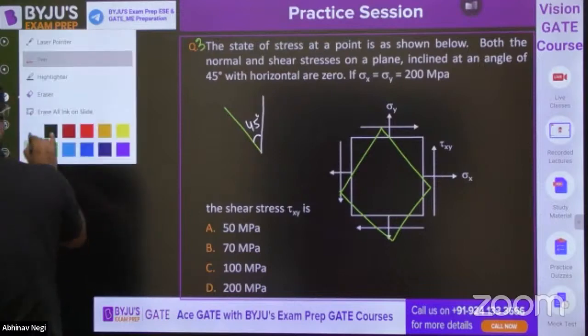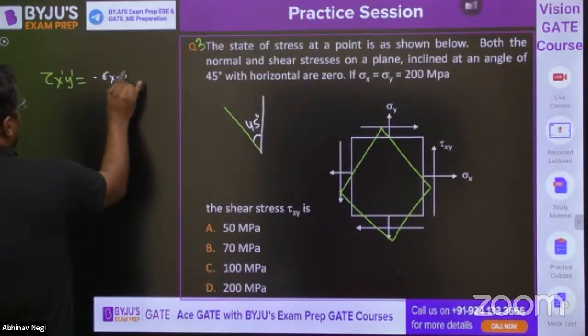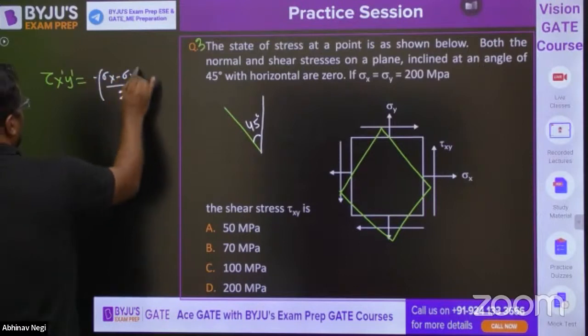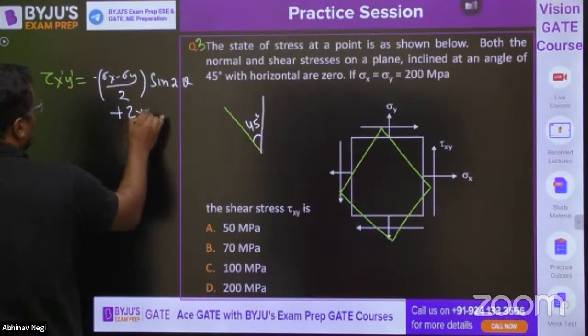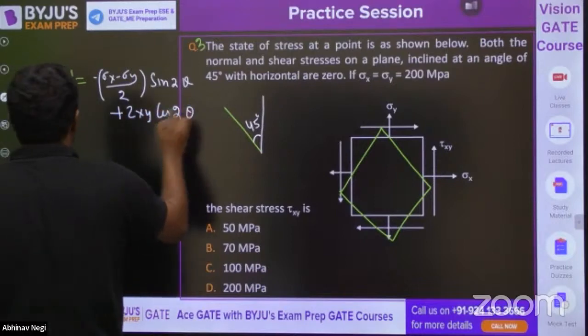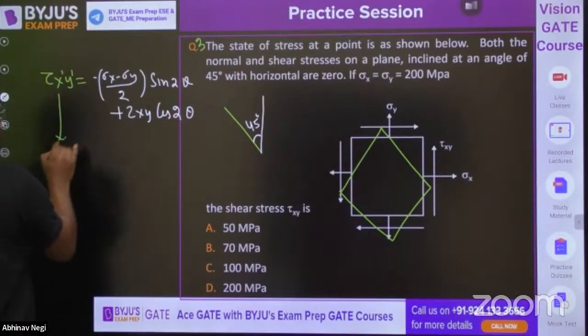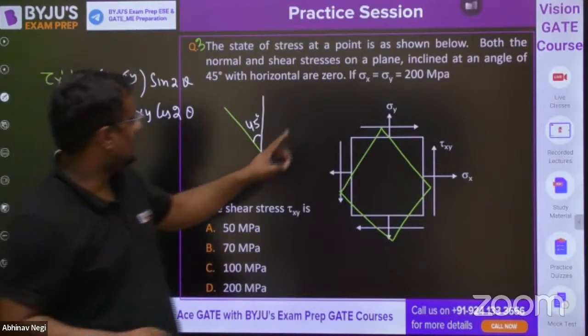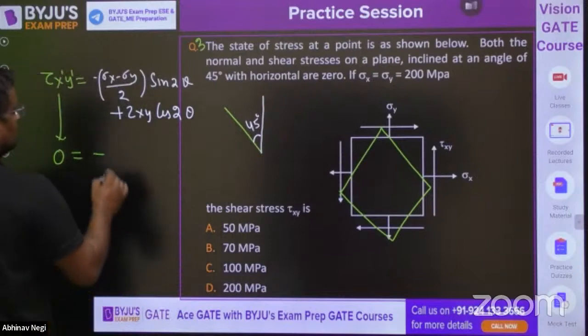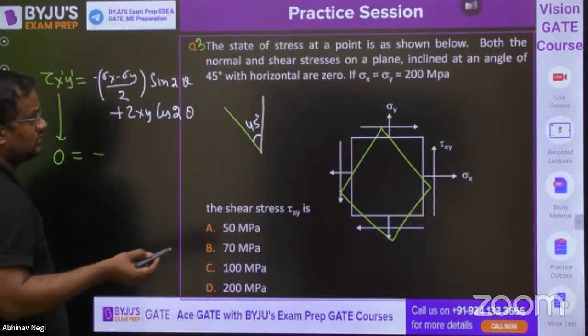It is given by minus sigma x minus sigma y by 2 sine 2 theta plus tau xy cos 2 theta. So if this is 0, then it is minus of sigma x minus sigma y. How much is 200 and 200? So 200 minus 200, both are tensile.